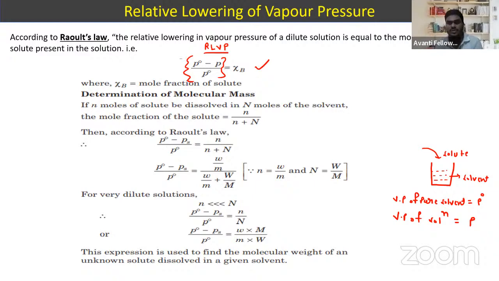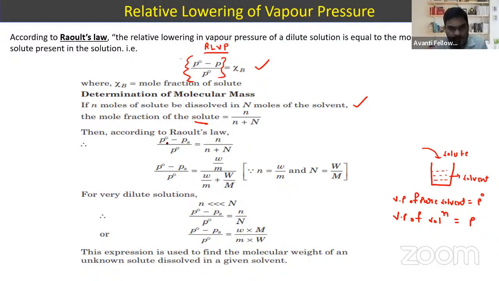Where XB is the mole fraction of the solute, now how will you determine the molecular masses? If n moles of solute are dissolved in N moles of solvent, we represent moles of solute by small n and moles of solvent by capital N. Then the mole fraction of solute comes out to be n upon (n plus N).